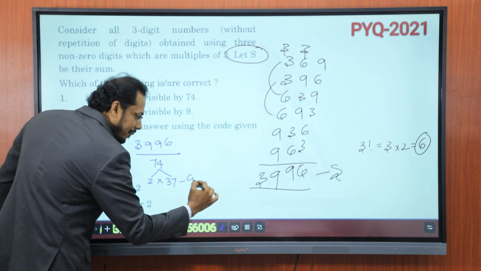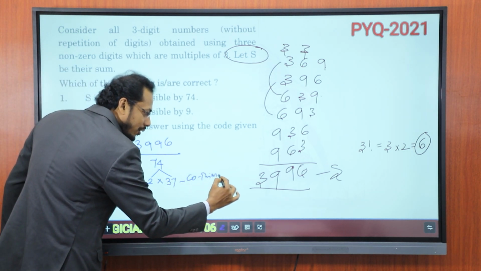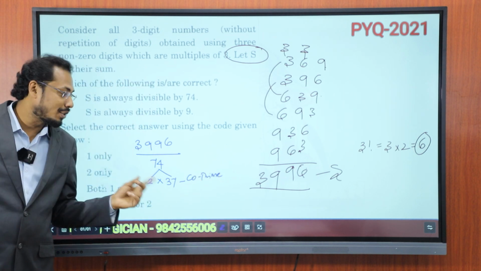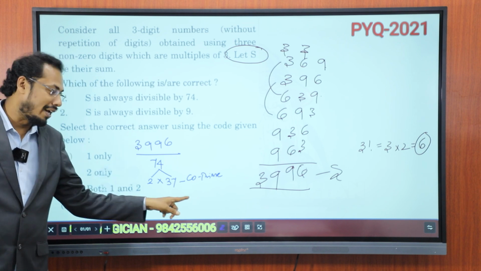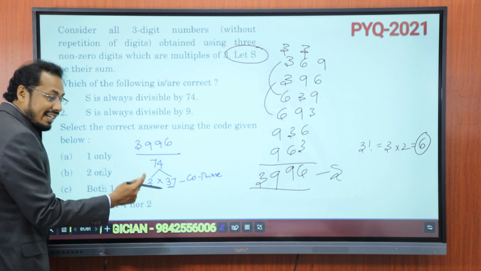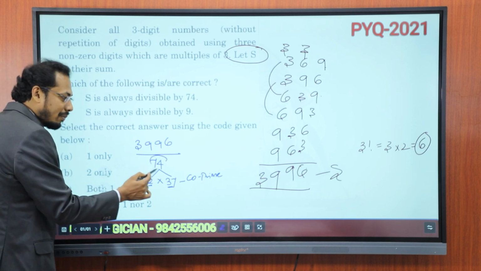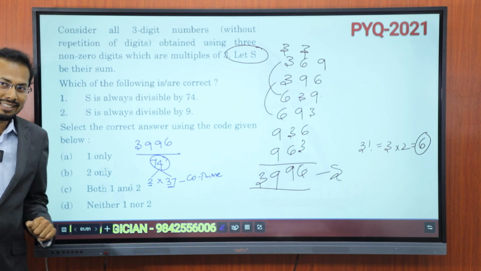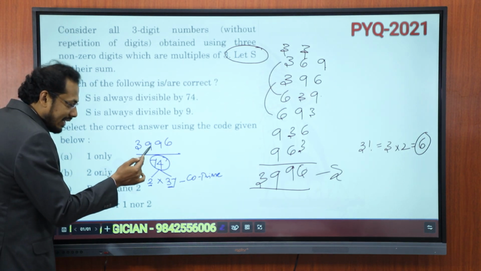So this is co-prime. If you don't know, please check what is meant by co-prime. If the HCF of the given numbers is 1, that is called co-prime. If it is co-prime, and one number is divisible by 2 as well as 37, definitely that number will be divisible by 74. So now it is easy. This number is divisible by 2? Yes, divide by 2. Now 39, look at this.